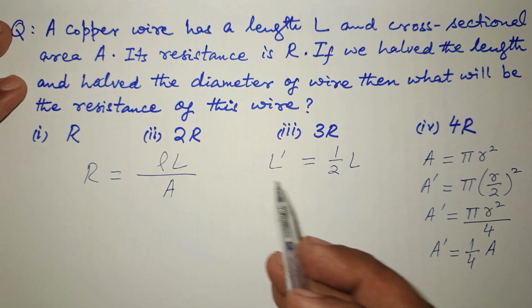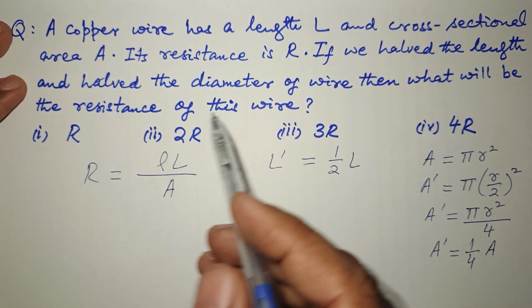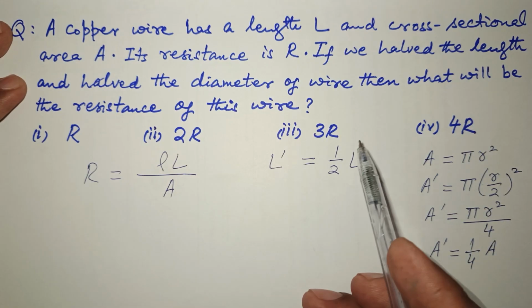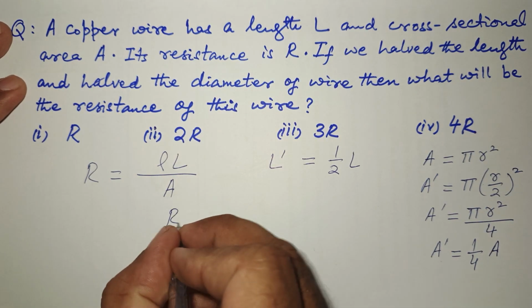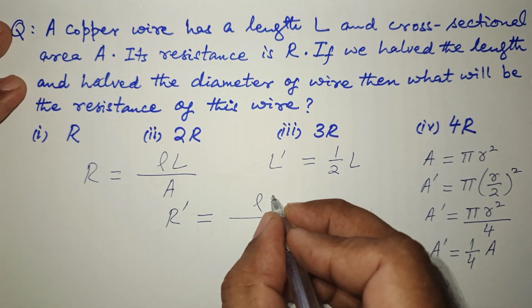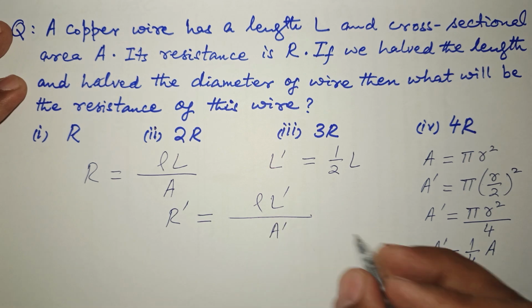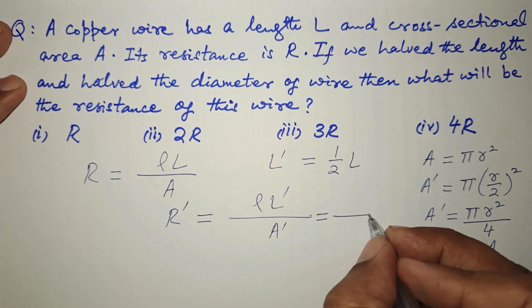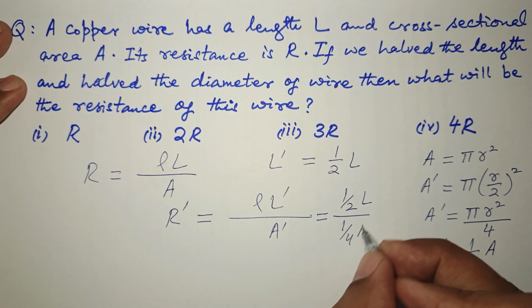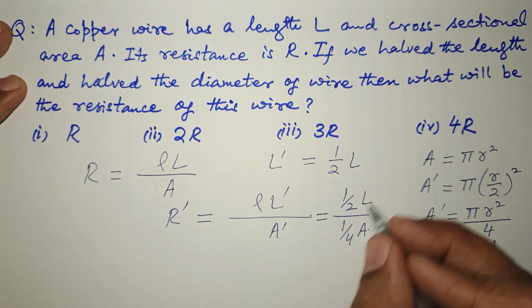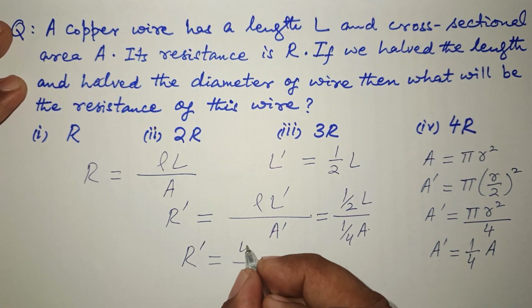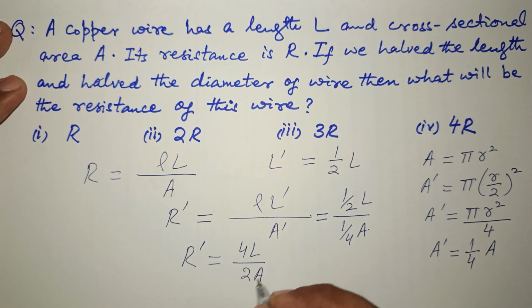Now we have A prime and we have L prime. We have to find the new resistance of the wire, so this will be R prime. R prime equals rho L prime over A prime. L prime is half L and A prime is 1 over 4 A. This 4 will go up and 2 will come down, so we get 4 rho L over 2A.